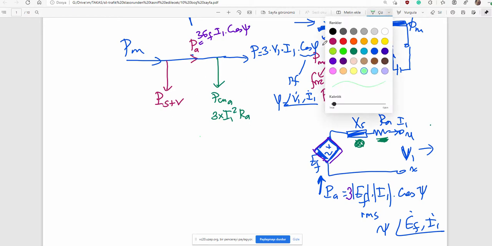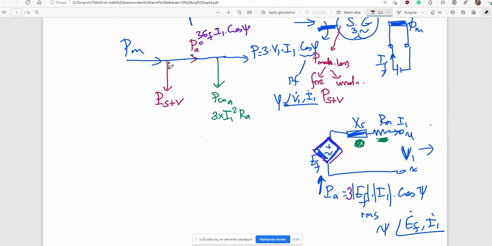I never mention it, so I leave out the core loss here, but you should know it is somewhere here. Core loss can be Foucault losses or eddy current losses, and hysteresis losses.